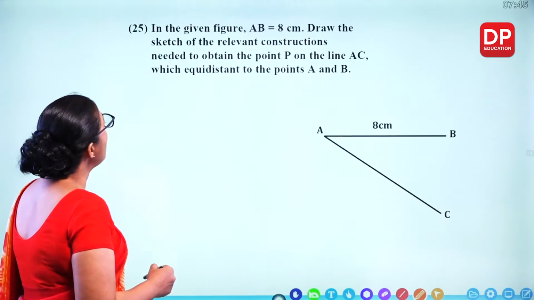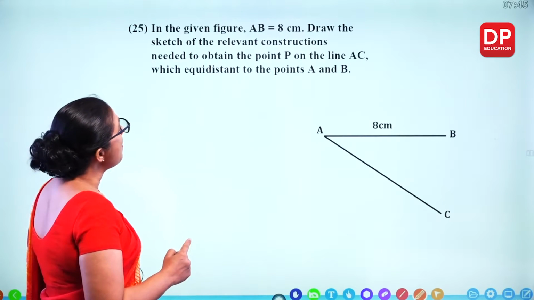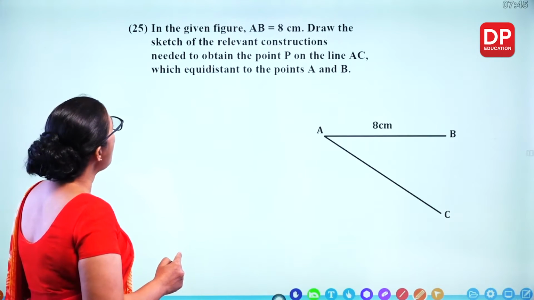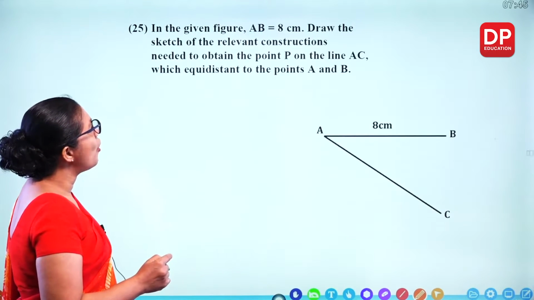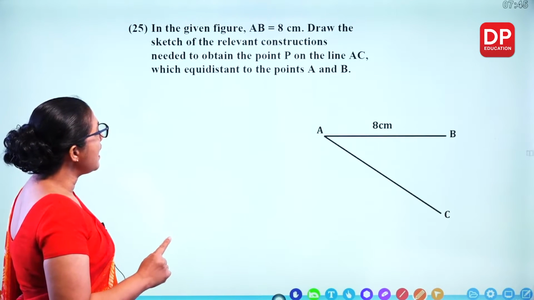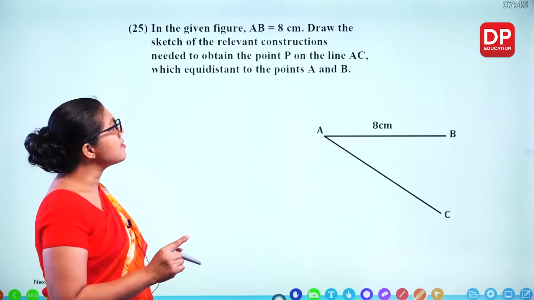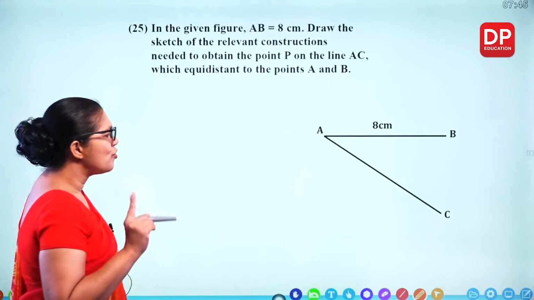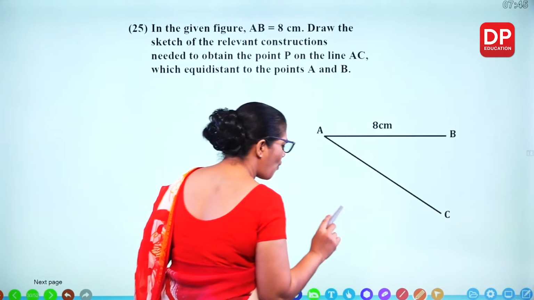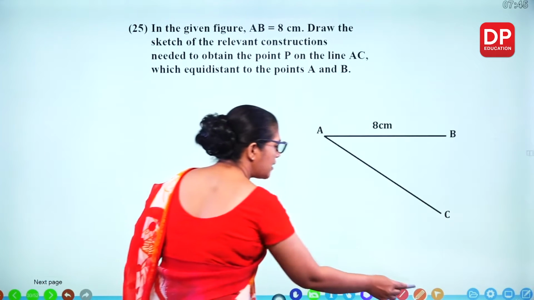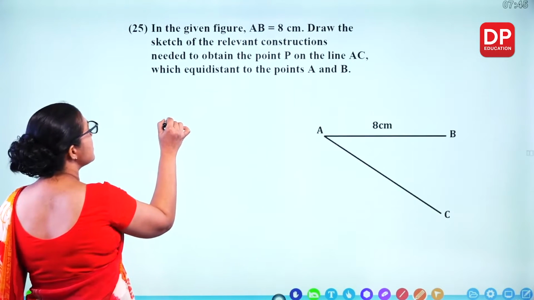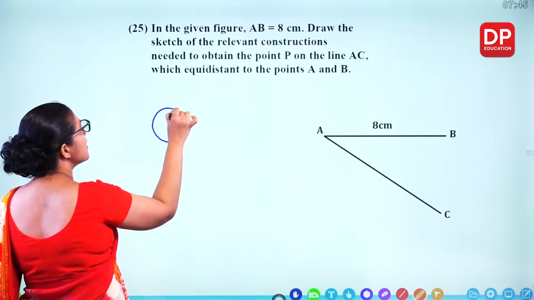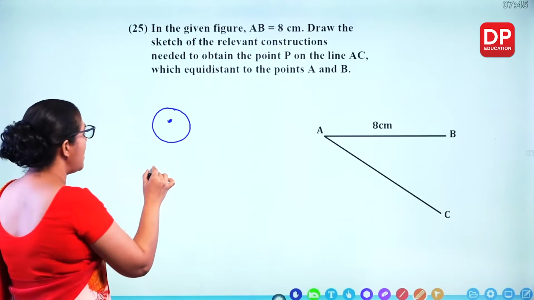Question number 25. In the given figure, AB is 8 centimeters. Draw the sketch of the relevant constructions needed to obtain the point P on the line AC, which is equidistant to the points A and B. So you need to remember always 4 loci points. What are the 4 loci points that you need to remember? Equidistance from a point, that's a circle.